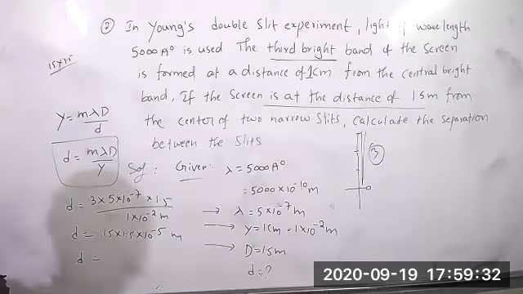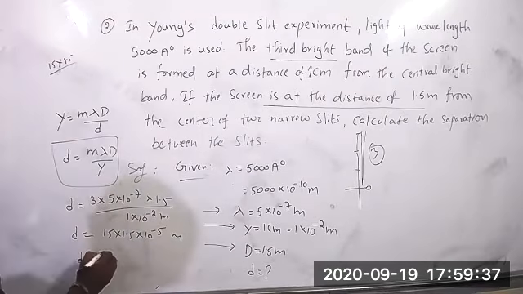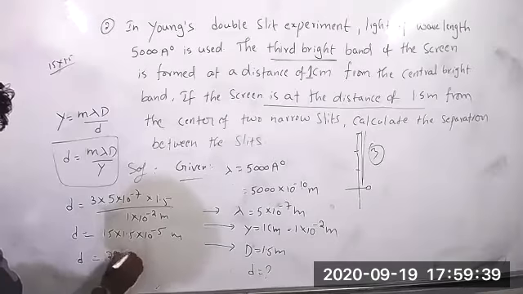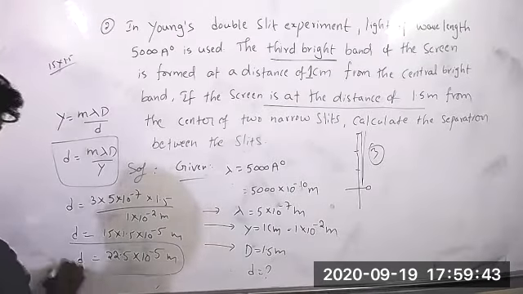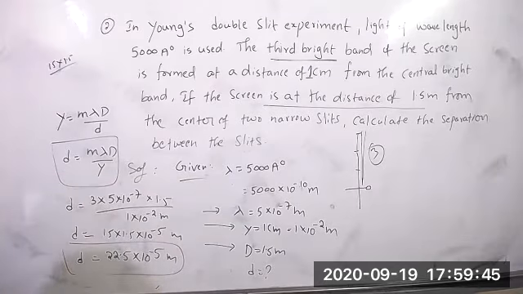How much are you getting? So 22.5. 22.5 into 10 to the power of minus 5, that is 0.225 millimeter. So 22.5 into 10 to the power of minus 5 is correct, right?